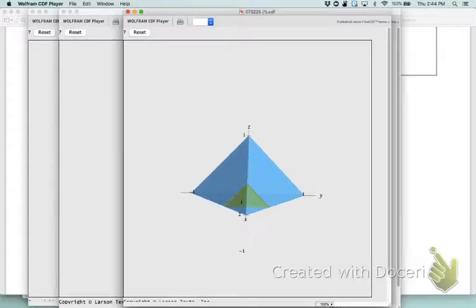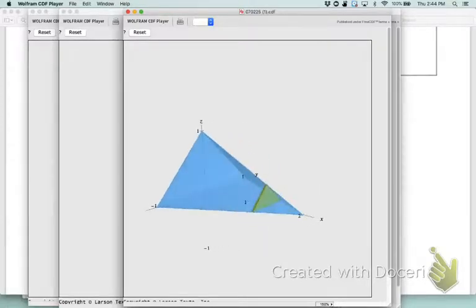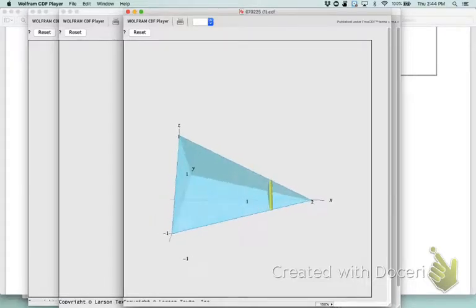Appears to be equilateral in this example. And so what we're going to do is take all of these slices and add up all of those little slices all along our interval here, which appears to go from 0 to 2. That's how we're going to determine the volume of this shape.